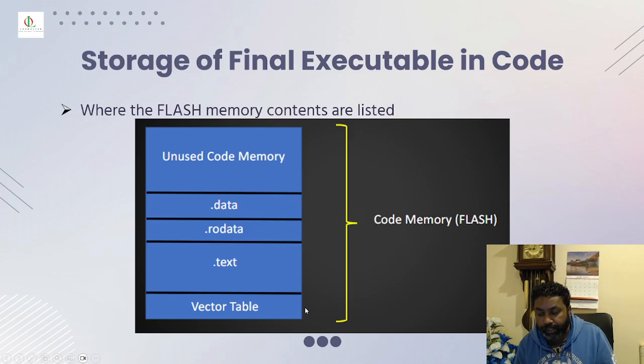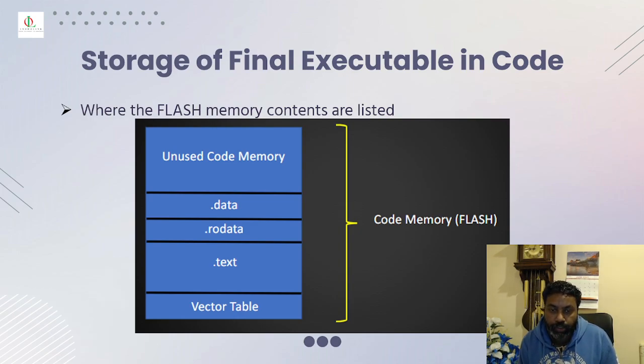Inside the flash memory, the first section is the vector table. The vector table, as you learned in the other session, has all the addresses of the exceptions that come from the system, the internal exceptions, or the interrupts from the external sources. So the vector table will have all the addresses of those exception handlers.